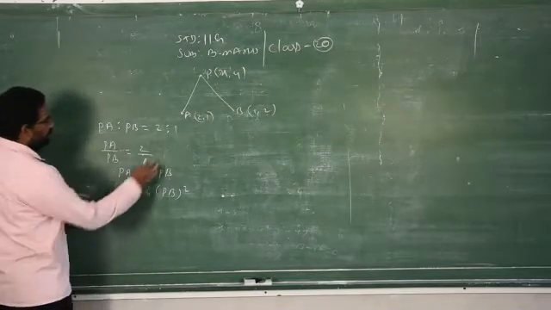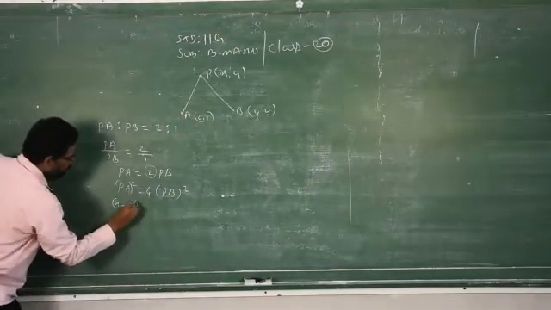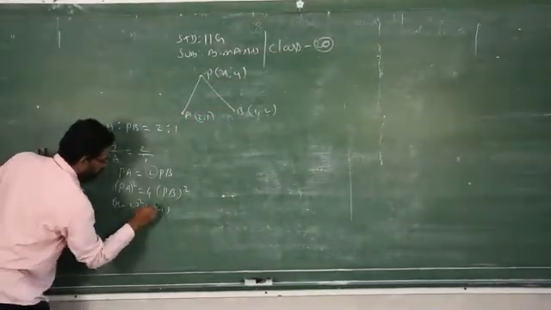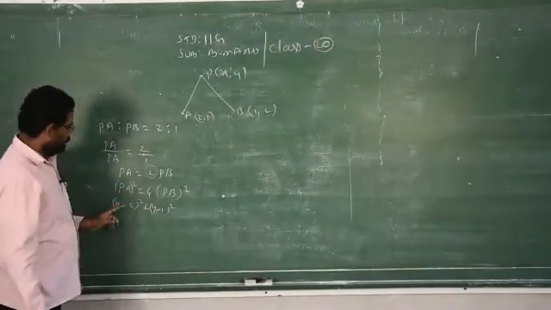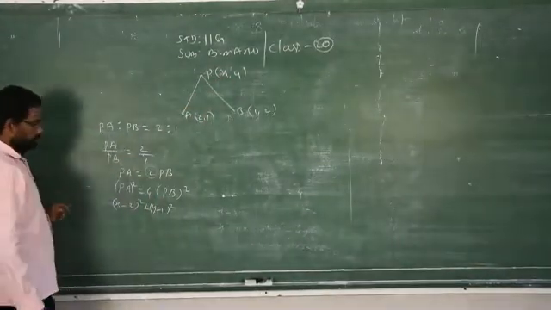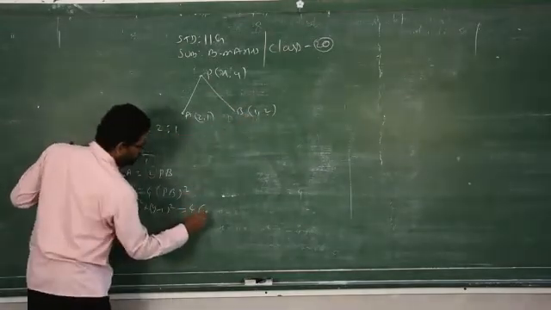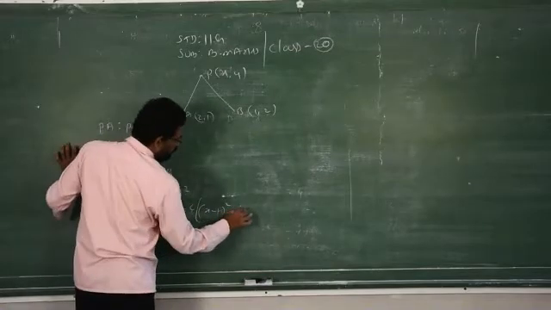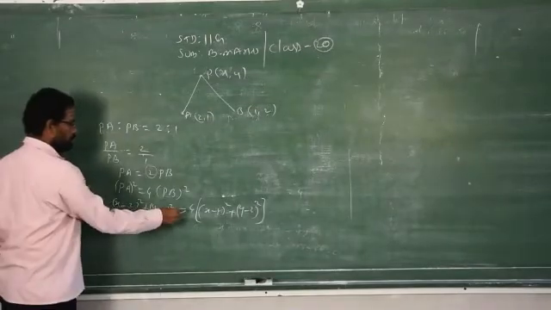So straight away, with the help of this diagram, I write (x minus 2) the whole square plus (y minus 1) the whole square, because you know the distance formula very well. Similarly, PB is (x minus 1) the whole square plus (y minus 2) the whole square. I am just applying the distance formula.